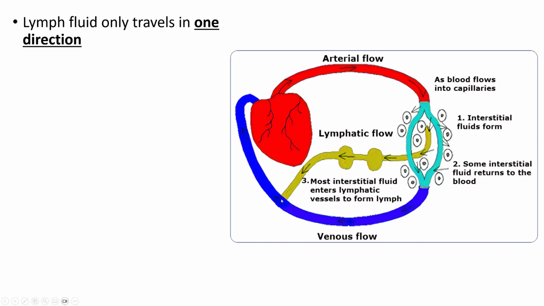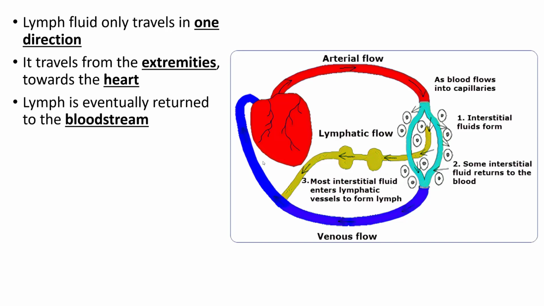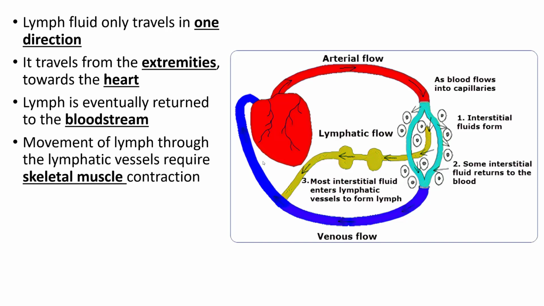It allows almost like a spillover. Any lost fluid can be regained back into circulation through this mechanism. So it tends to travel from the extremities towards the heart. Lost fluid is pumped back into the bloodstream, and ultimately it not only acts as a good way to filter microbes from the periphery, but also to return lost fluid back into circulation.